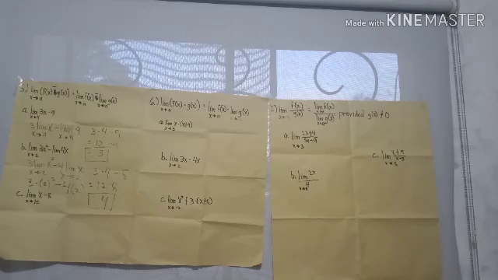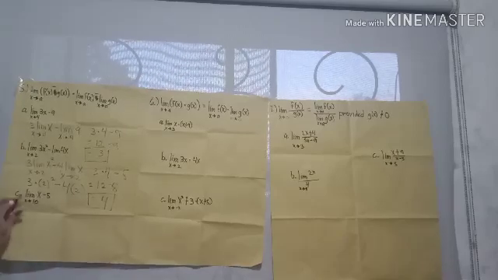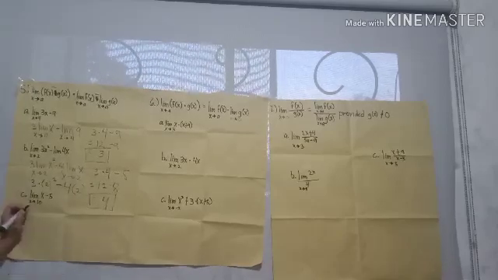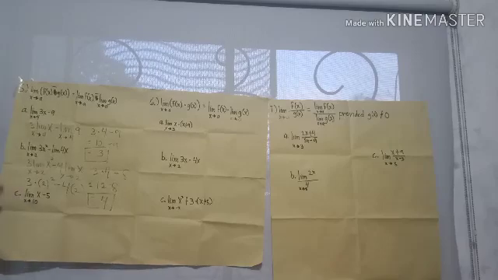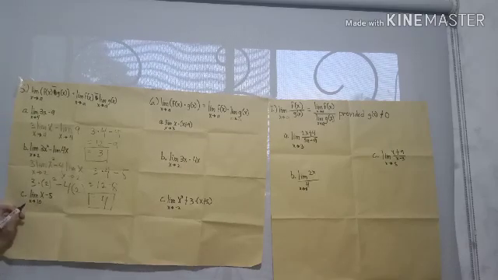Last example. The limit of x minus 5 as x approaches 10, and we should add limit to the other side, which is the negative 5.